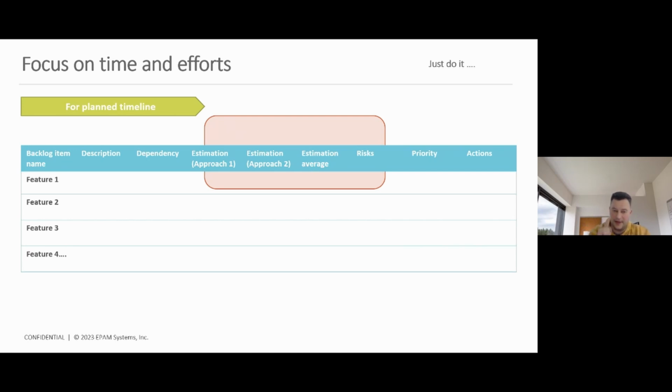And the main value of this template is that you're going to have the average estimation in a separate column, and you decrease the probability of huge mistakes when you have the comparison points in this table, and when these approaches apply to all the objects and are discussed on team level.